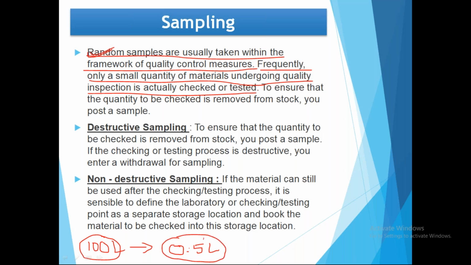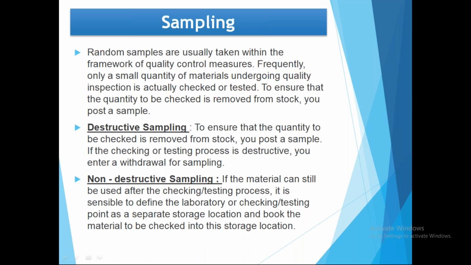During the quality inspection, this 0.5 liter stock will get consumed. So this is the sample quantity we need to book in the system. To ensure that the quantity to be checked is removed from stock, you post a sample. There are two types of samples: destructive sampling and non-destructive sampling.